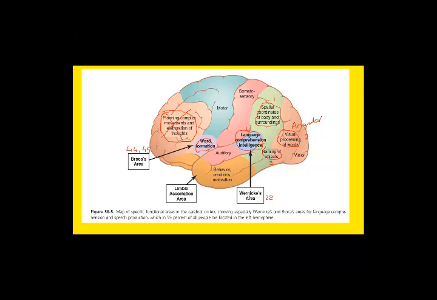Wernicke's area is the sensory speech area, which is required for language understanding or language comprehension, whereas word formation or articulation is done by the motor speech area, area 44, area 45, that is Broca's area. So we can include Broca's area in the prefrontal association cortex, and we can include Wernicke's area in the port association cortex.